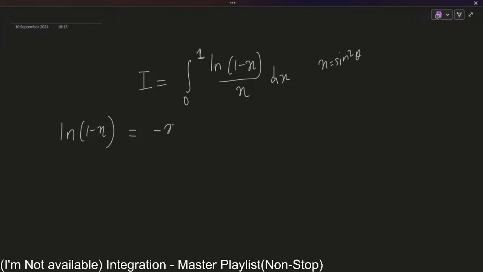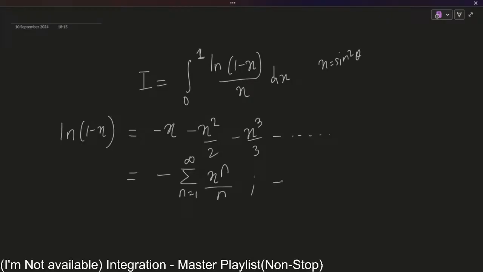And this turns out that this basically is minus x minus x squared upon 2 minus x cubed upon 3 and so on it goes. In summation notation, we can write this as minus summation n equals 1 to infinity x to the power n upon n.